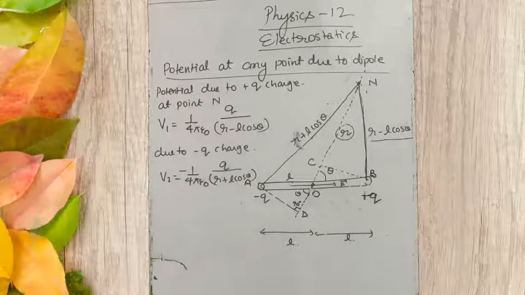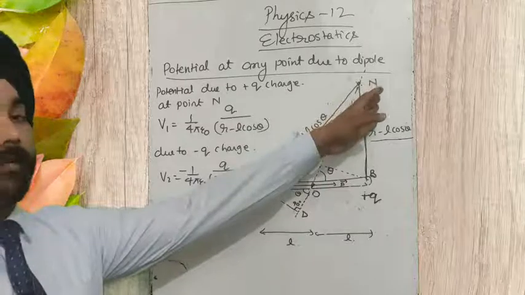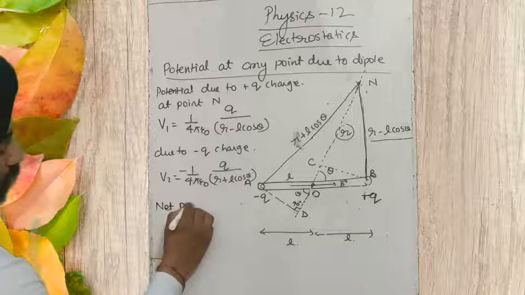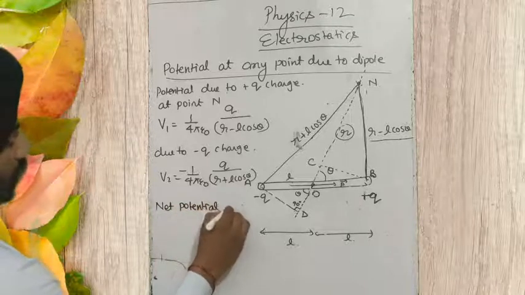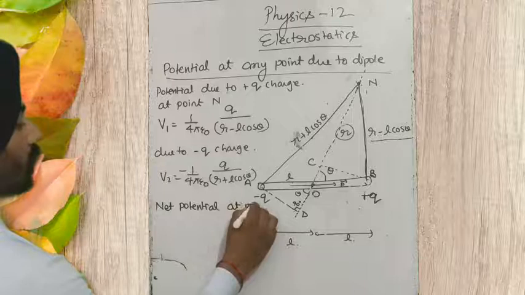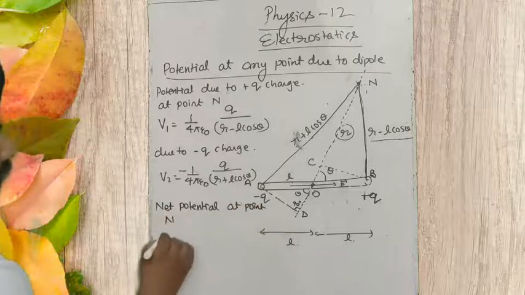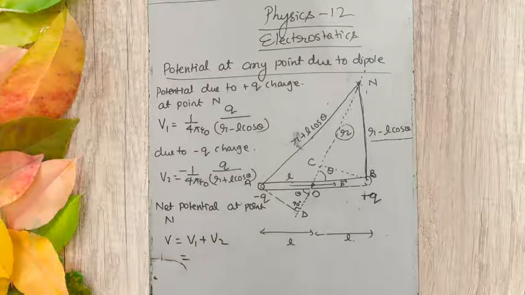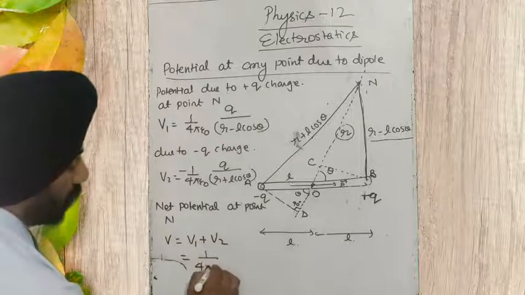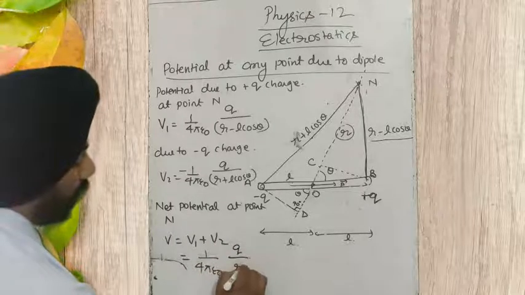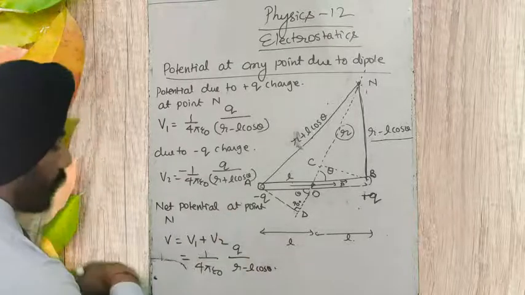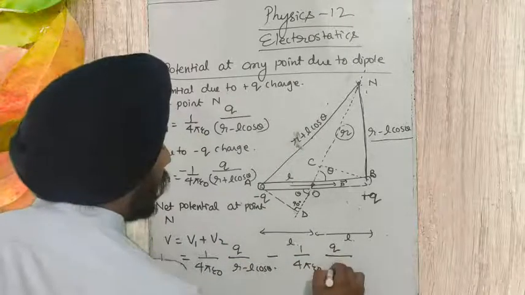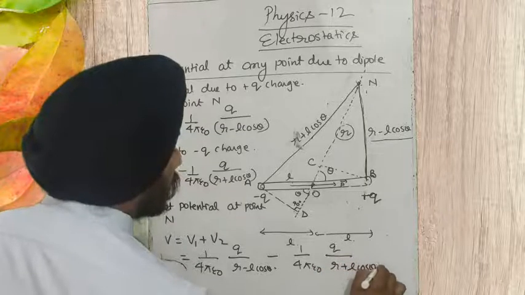Now we need to calculate the total potential at point N. So the net potential V will be equal to V1 plus V2, that is 1 upon 4 pi epsilon naught Q by R minus L cos theta, minus 1 upon 4 pi epsilon naught Q by R plus L cos theta.